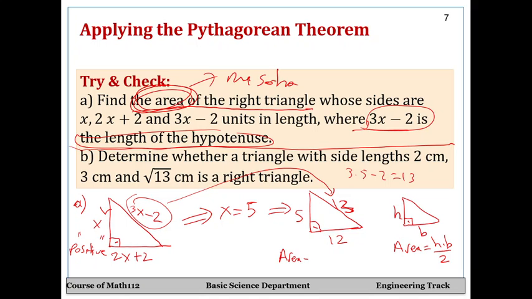The area is equal to 5 times 12 over 2, which is 30 units square. Here these are units, so keep in your mind that unit times unit is unit square.